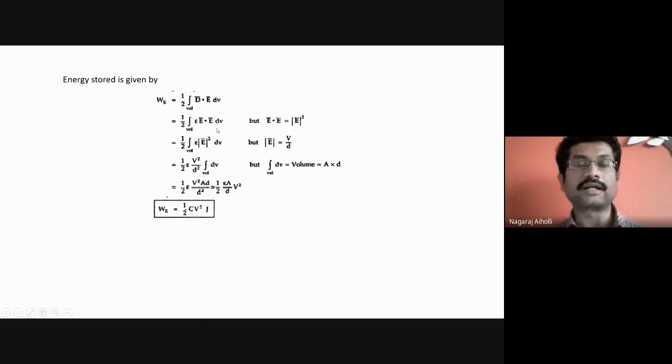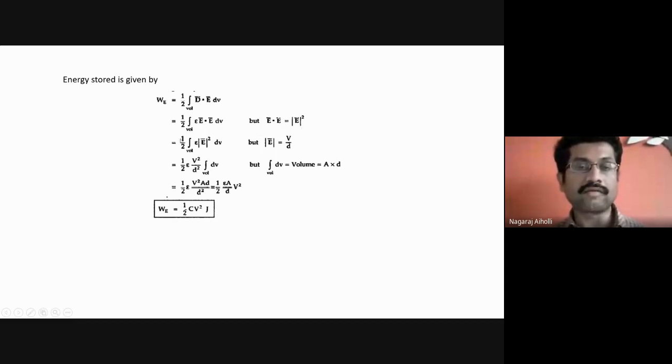Now there is an identity. We have discussed about this identity in our previous classes. E bar dot E bar. If you dot any vector with itself, it will give you the square of that vector. That is, E bar dot E bar is equal to E bar square. Hence, here E bar dot E bar will be E bar square.